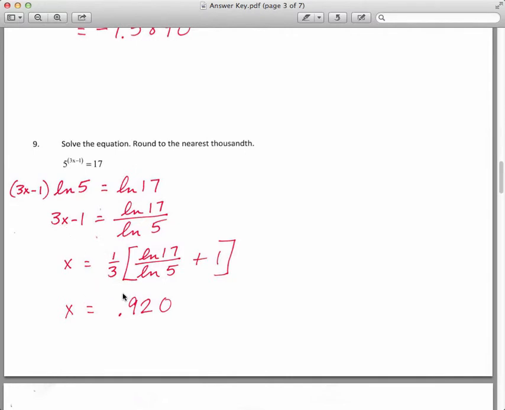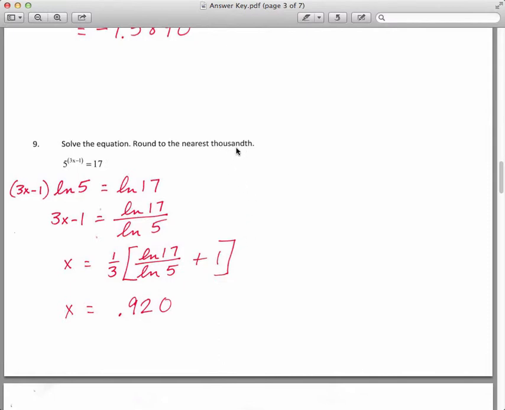So punching this on the calculator, it is extremely important that you completely calculate, you tell the calculator to completely figure out the inside of the brackets before you divide by this 3, represented by the 1/3 out here. If you don't tell the calculator to do that, you're most likely going to get the wrong answer out of your calculator. So 0.920 is the correct answer to the nearest thousandth.